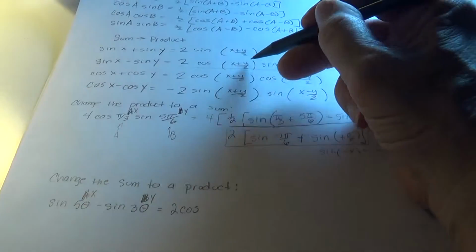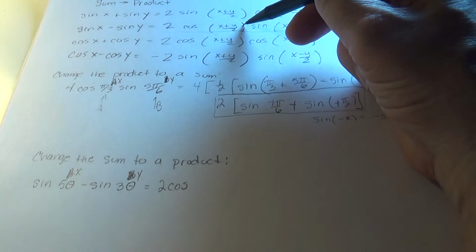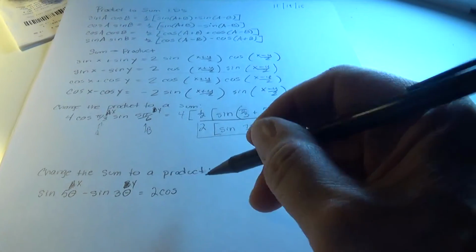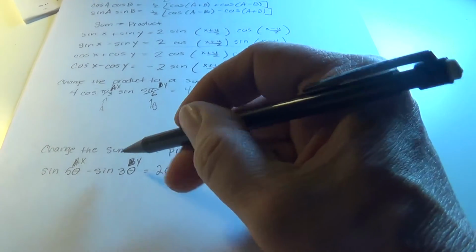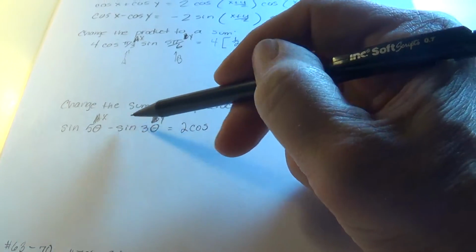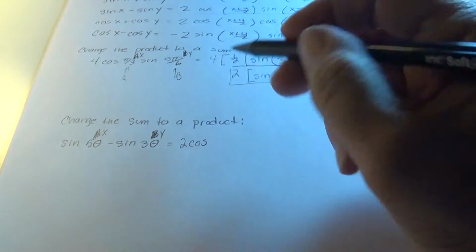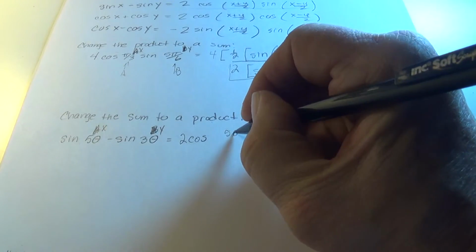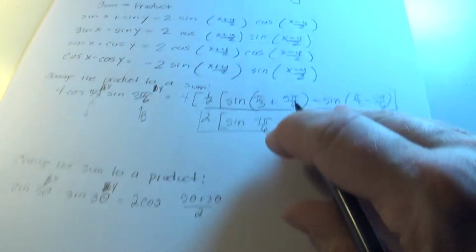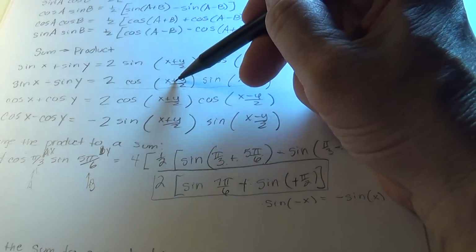So plugging that in up here, I get 2 cosine of x plus y over 2. So in this example, I get 5 theta plus 3 theta over 2. And I took care of that.